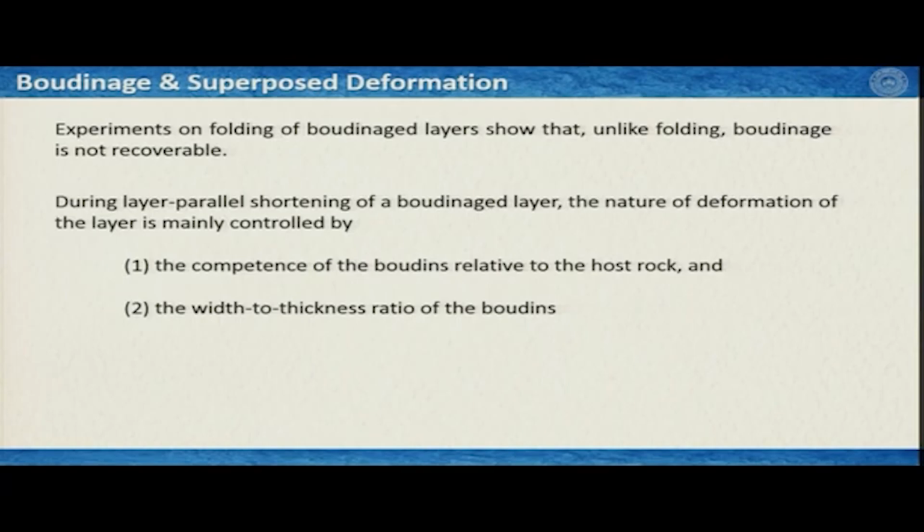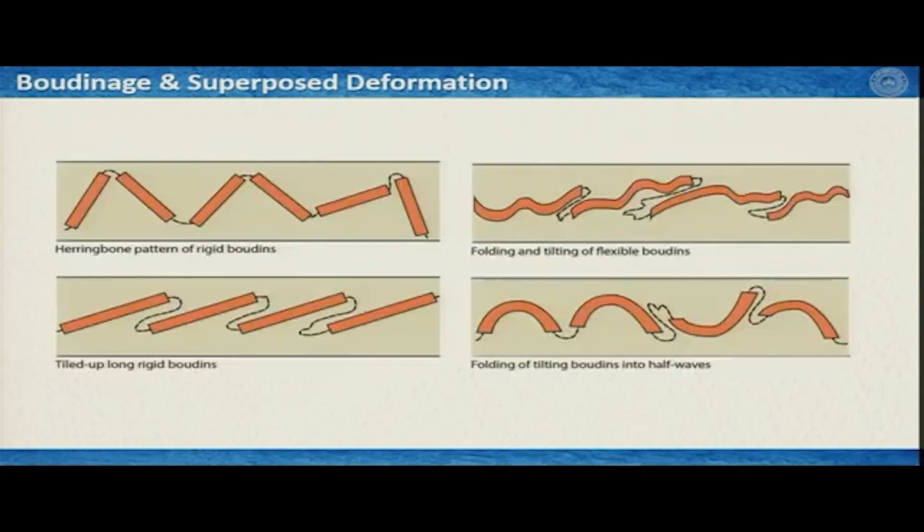But during layer parallel shortening of a boudinaged layer, the nature of deformation of the layer is mostly controlled by, one, the competence of the boudins relative to the host rock, and two, the width to thickness ratio of the boudins. So, these are the two main reasons that you can think of, and then we have a series of structures that you can produce when you have layer parallel compression in boudinaged layers.